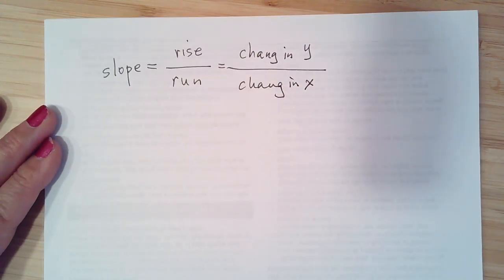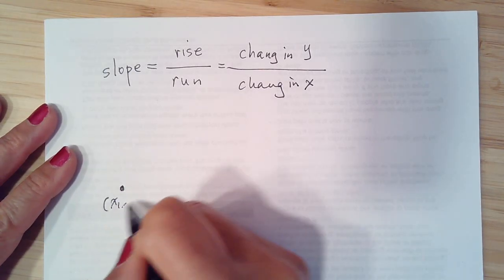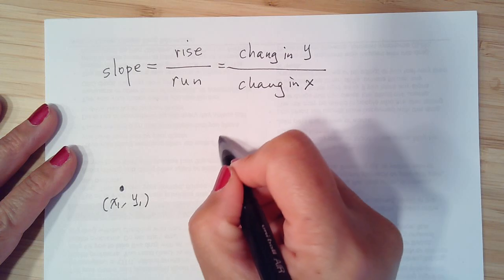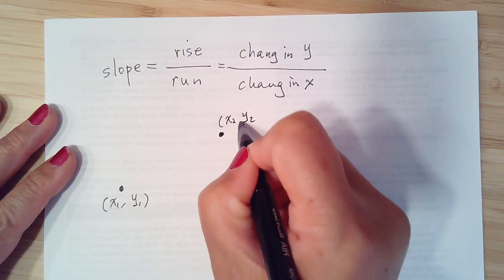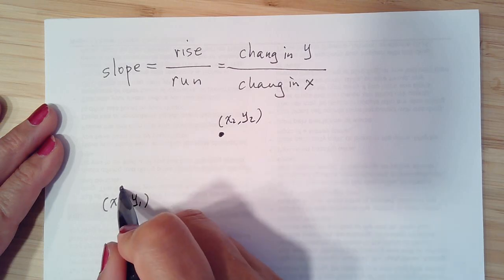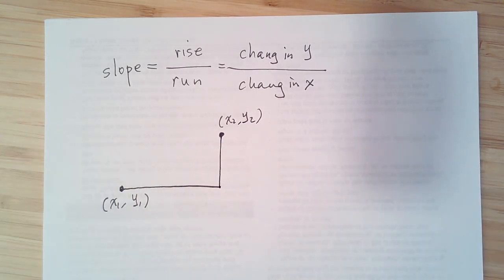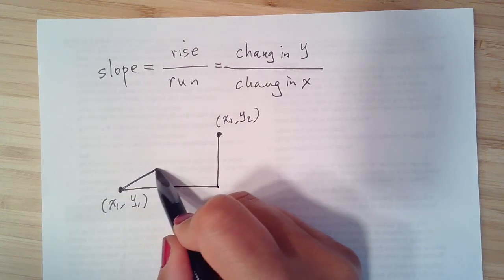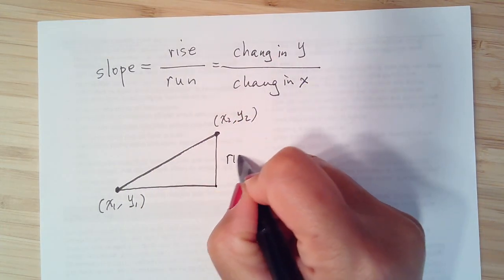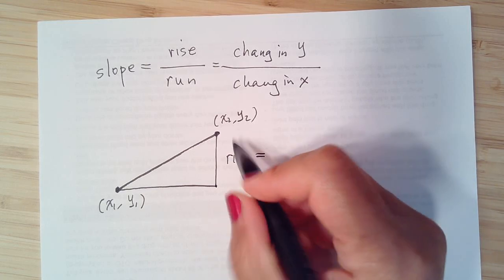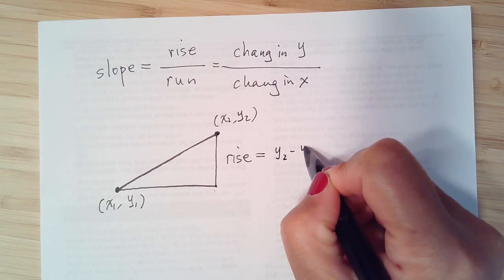Now if I give you this point, x1, y1, and this point, x2, y2, what is rise? What is run? If I connect them, this is the rise, so your rise should be the difference between y2 and y1, which is y2 minus y1.